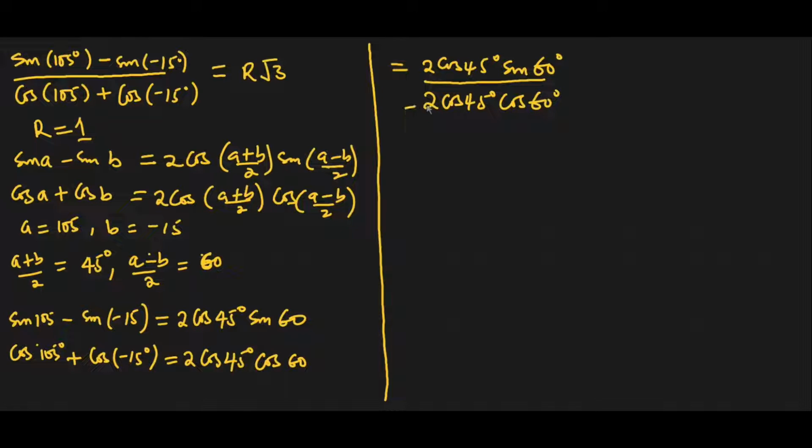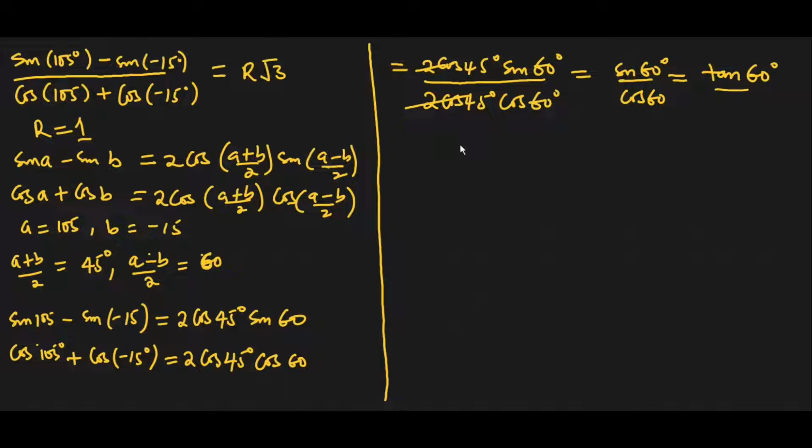Observe that this can cancel, and then all we are left with is the sine of 60 over cosine of 60, which is basically tan of 60. So now this is what we have.